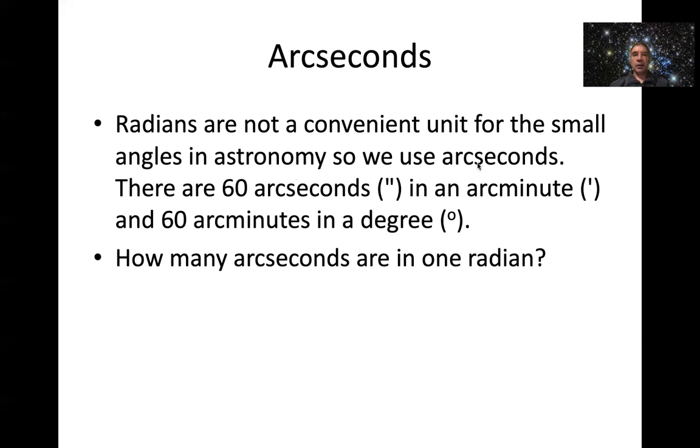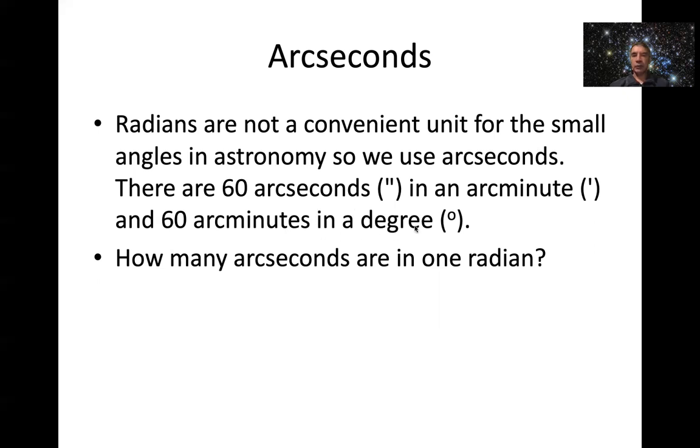And so historically, the convenient unit for measuring angles in astronomy most of the time is a unit called the arcsecond. So this comes from a system whereby you take the normal kind of degrees that you measure angle in and subdivide them just like in the time system, so that there are 60 arc minutes in 1 degree.